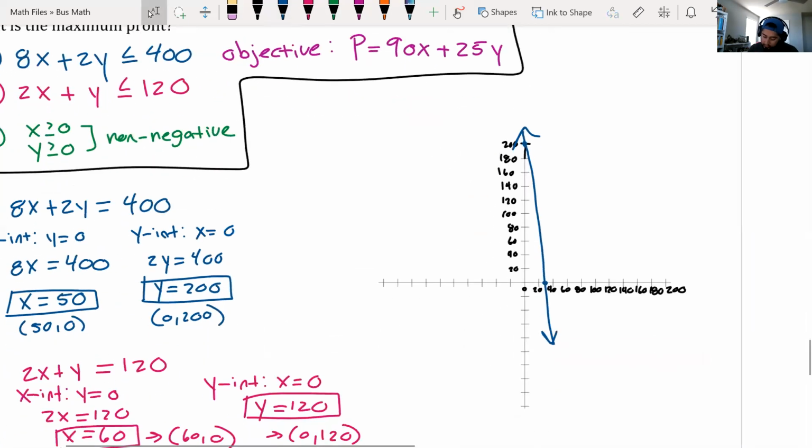And then graph the red line. And you have 60 and 120. And then just connect those two. There we go. Okay, there's 50 and 200, right? Yeah.